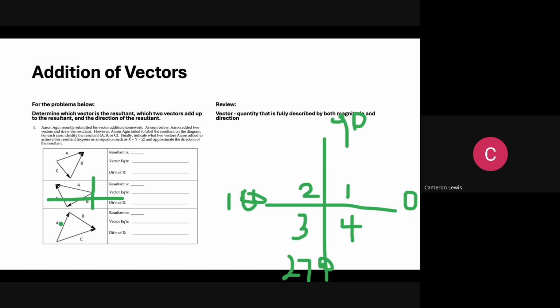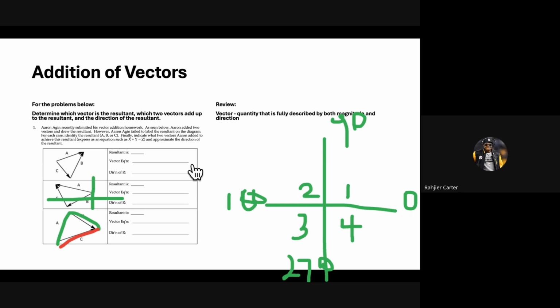You just said A plus B, right? Yeah, A plus B equals C. If I switch this color, that's my distance traveled. Now, what's my displacement? C. So the equation is A plus B equals C, which means my resultant is C.